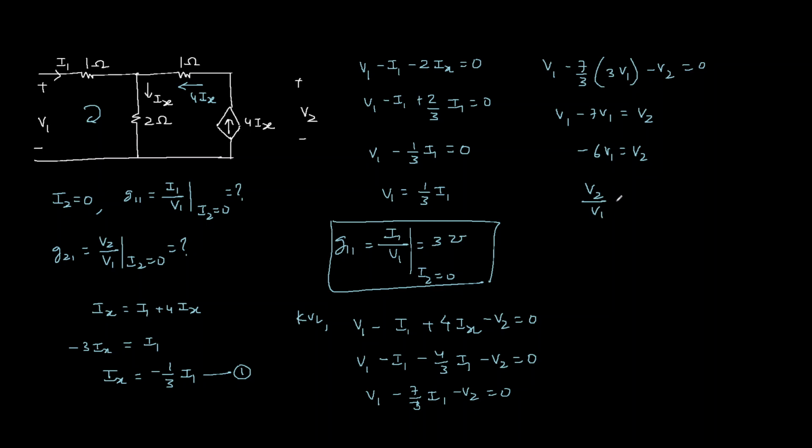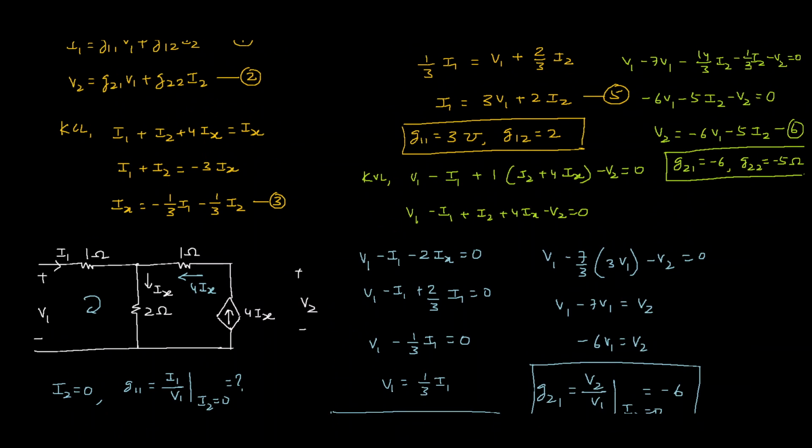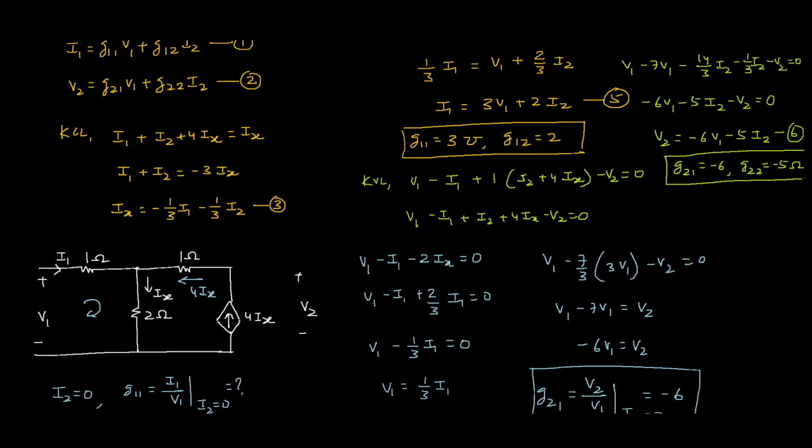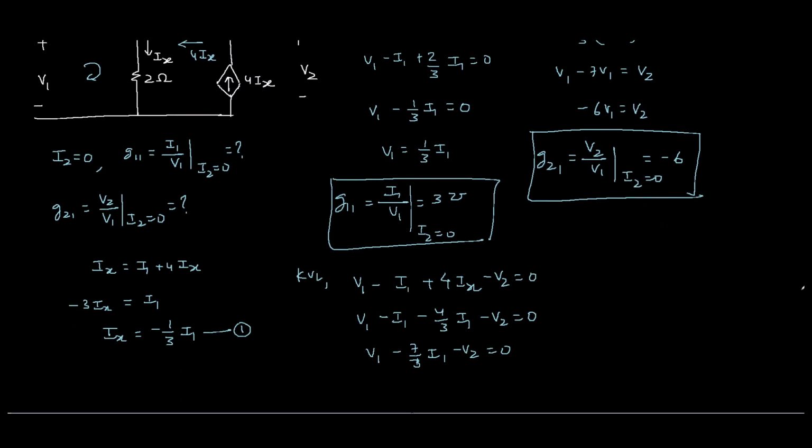So V2 over V1 when I2 is 0 is equal to G21, and this G21 is minus 6. This is the second parameter. Now let's check the answers. G11 is 3 and G21 is minus 6.